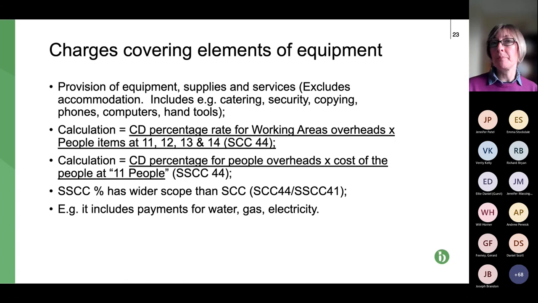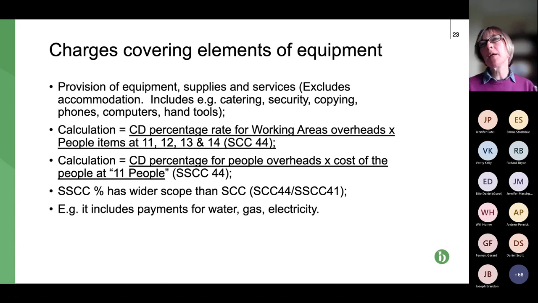We also have the percentages. So we've also already referred to this. Depending on whether you're using the schedule or the shorter schedule, the percentage is wider for the shorter schedule. It includes more items. But what's it a percentage of? Well, the percentage figure will be in the contract data part 2. So contractor, subcontractor needs to complete that, and it's a percentage of the people cost.